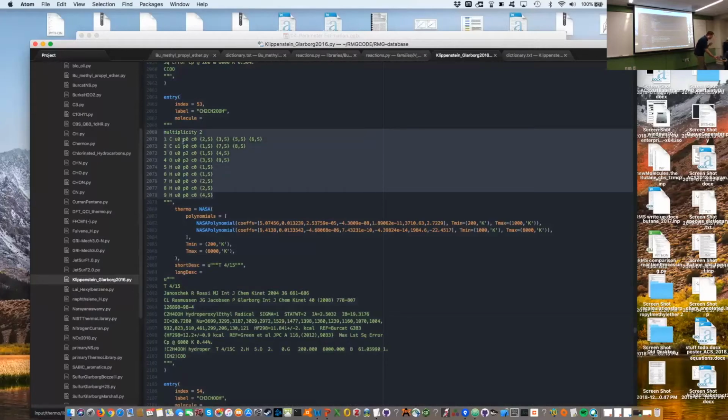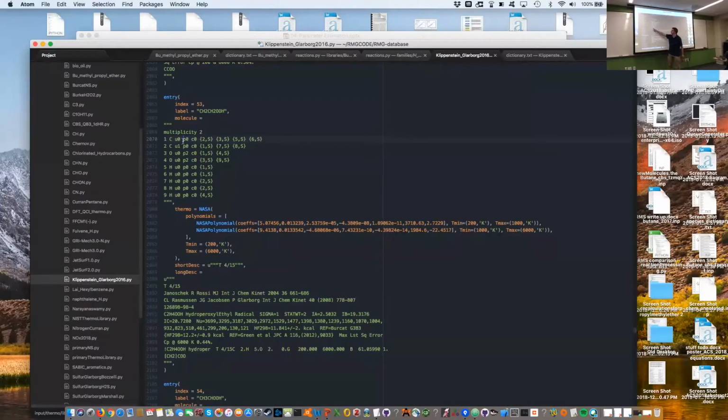It's probably worth taking a little bit of a sojourn to talk about the adjacency list here. The adjacency list is essentially how we describe molecular structures inside RMG graphically. We treat it as a 2D graph rather than a 3D set of points, which it really is, and there are a lot of consequences of that, but it makes it easy to generate reactions.